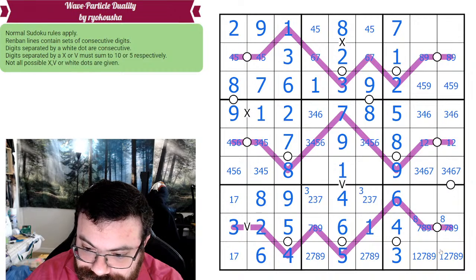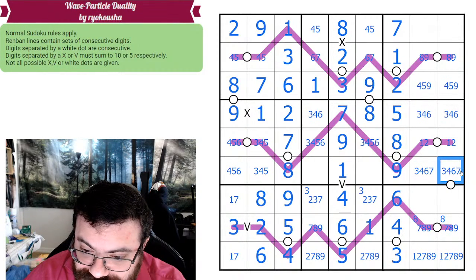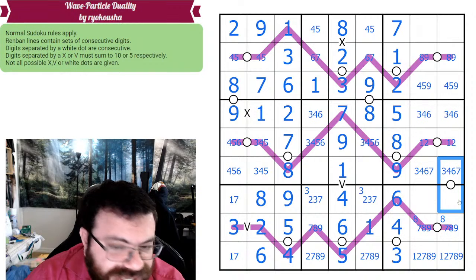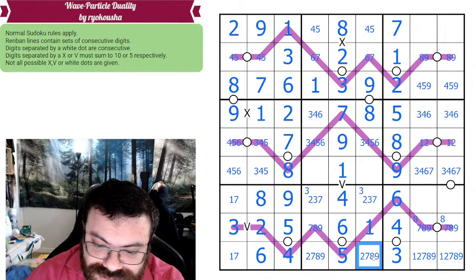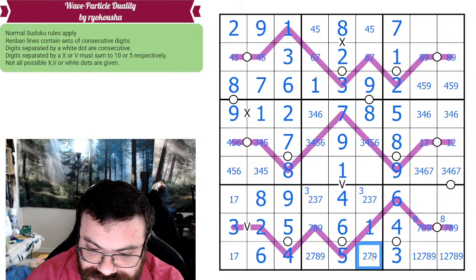Doesn't help. Could it be the dot? Gotta be the dot, right? I already have an 8 in column 6. Okay. You know 6 goes on the Renban in box 9.